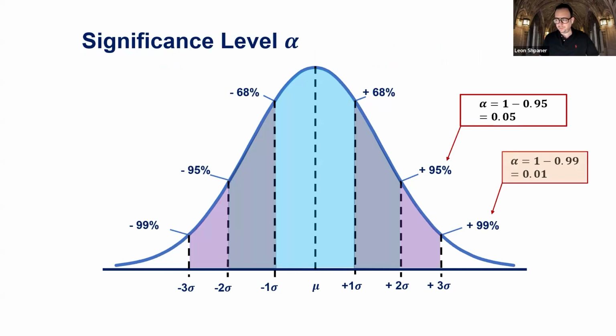And when you subtract 95% from 100%, you have your 5% alpha, 0.05. So those are the two alphas that are used in hypothesis testing. The more common one would be the 0.05. It's always based on the 95% level. You'll see that in a lot of statistical software, especially Microsoft Excel.